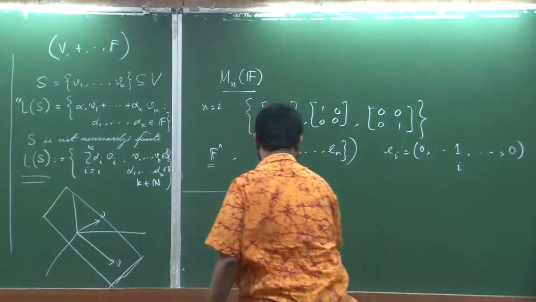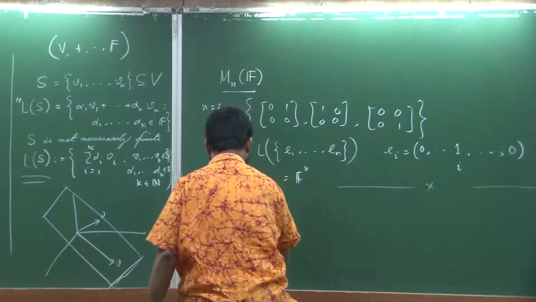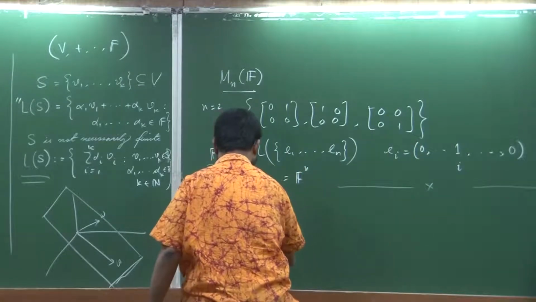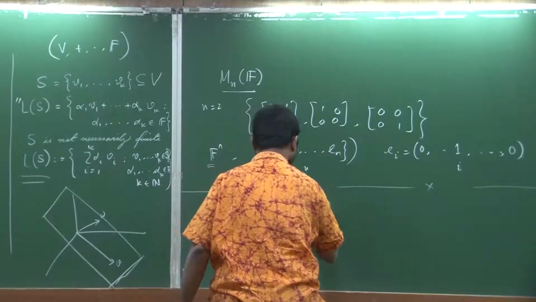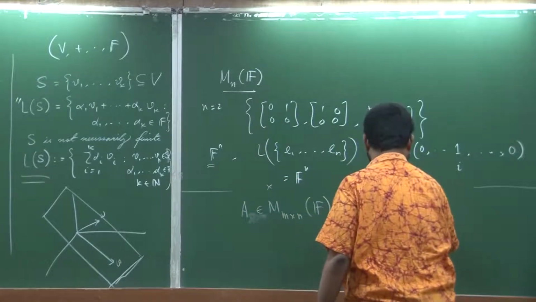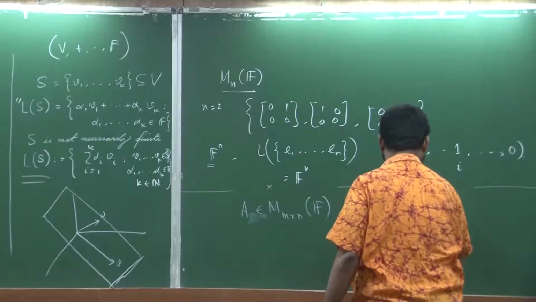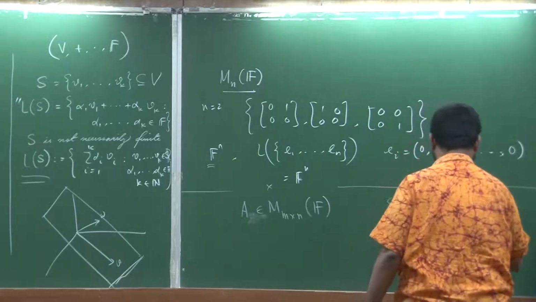So, recall that given an m by n matrix A over F, the set of all vectors x such that Ax equals 0.